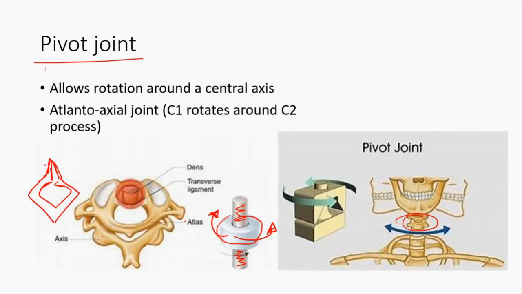Your atlas is inserted into this spinal process here, just like this. And that's how you're able to rotate your neck, basically. So that's your pivot joint.